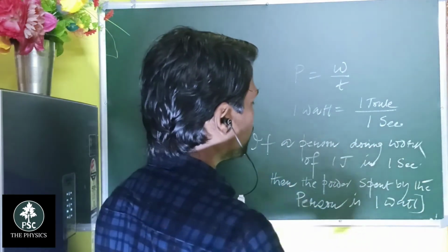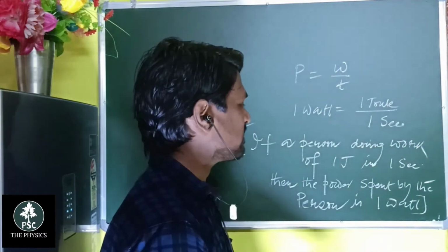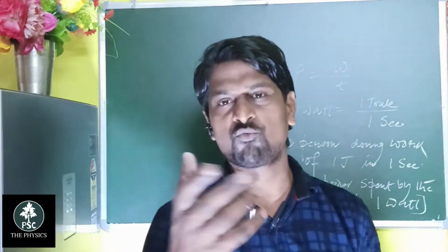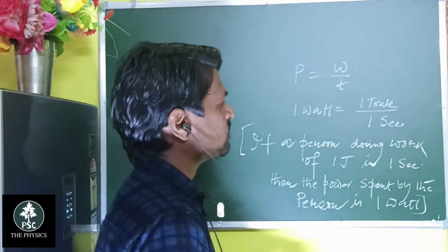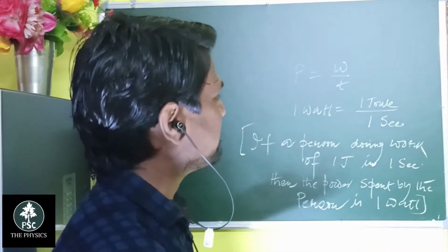So a person doing work of 1 joule in 1 second, then the power spent by the person is 1 watt. So watt is the SI unit of this one.